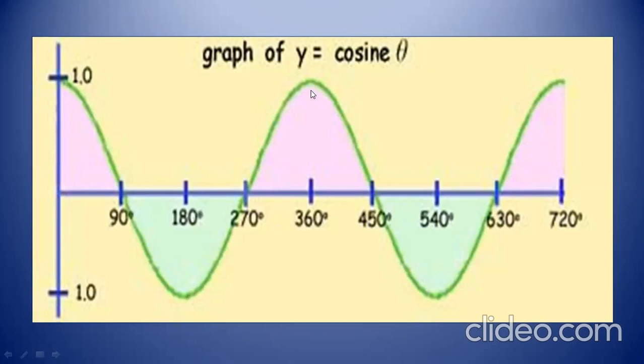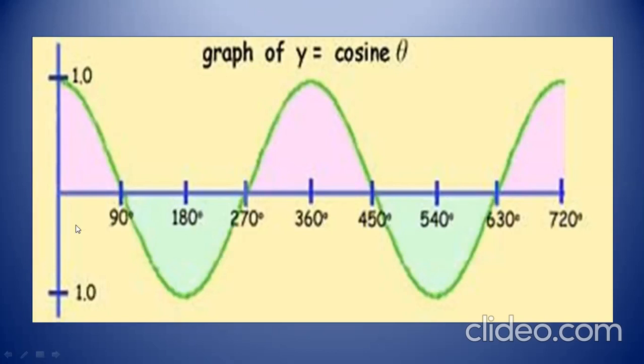Similarly here, if we restrict the domain between 360 degree and 540 degree, this portion of the curve shows a one-one function. So now we have to take the least interval for the cos x function. The least interval for the cos x function is 0 degree to 180 degree, which means from 0 to pi.